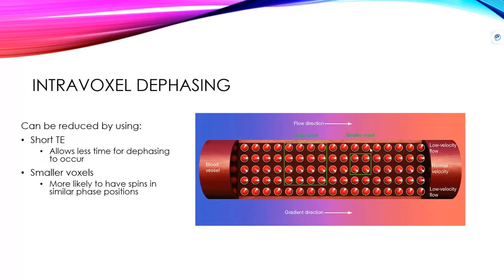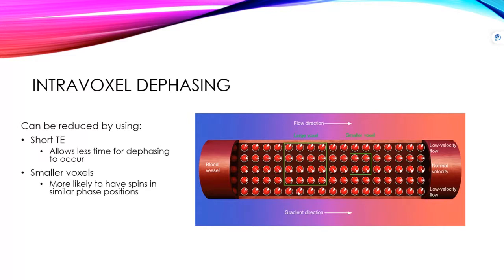Because remember, if this was a laminar flow, the outer edges are going to be low velocity, not as fast as the middle, which is fast or normal velocity. And so the outer edge spins are going to be in a completely different phase than the spins in the middle. That's why the bigger your voxel, the more likely you're going to get intravoxel dephasing, because you're collecting more spins that are possibly completely out of phase with each other.